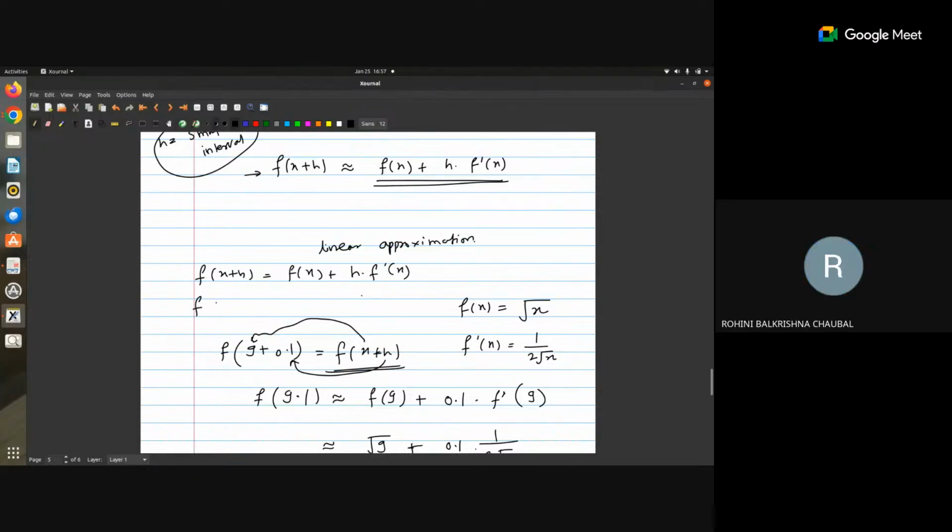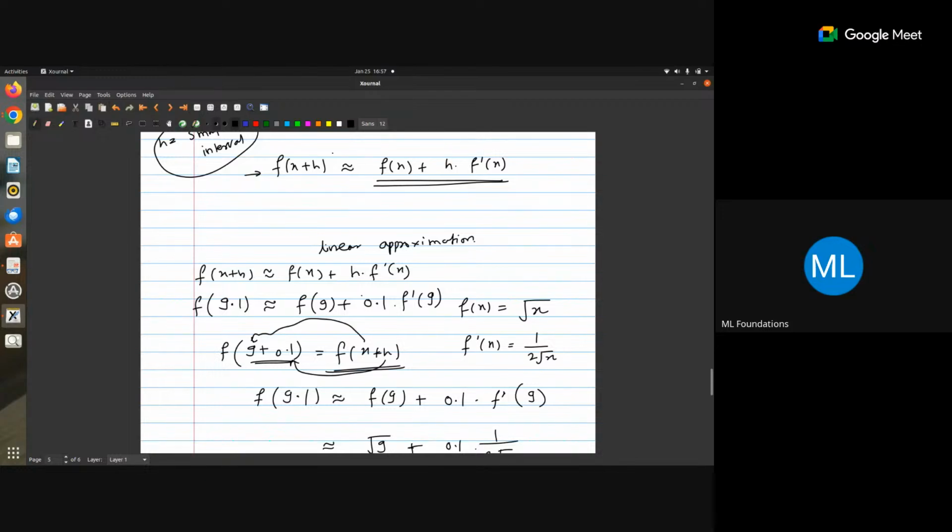If I substitute here, it is 9 plus 0.1, that is 9.1. So it equals f of 9 plus 0.1 into f dash of 9.